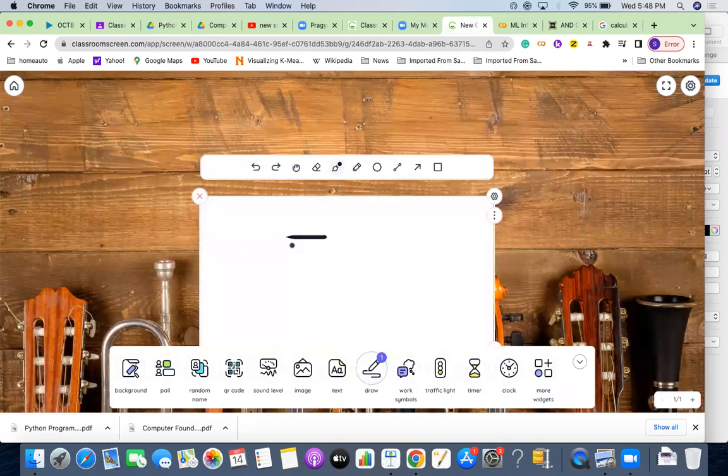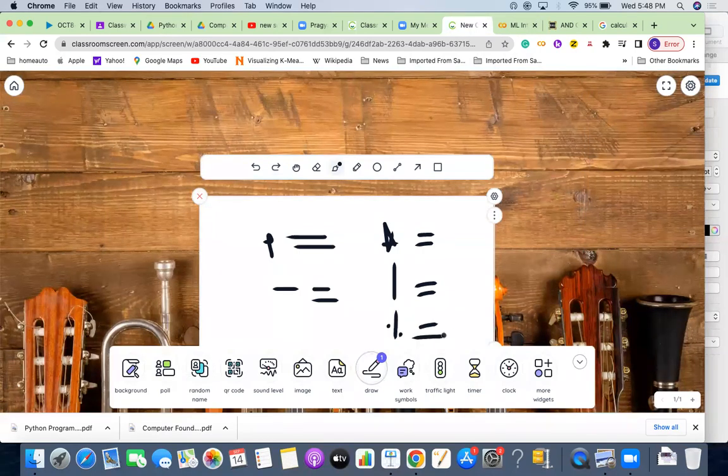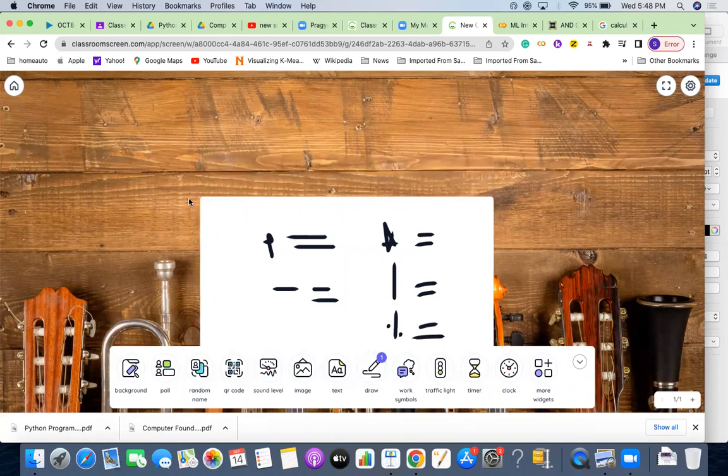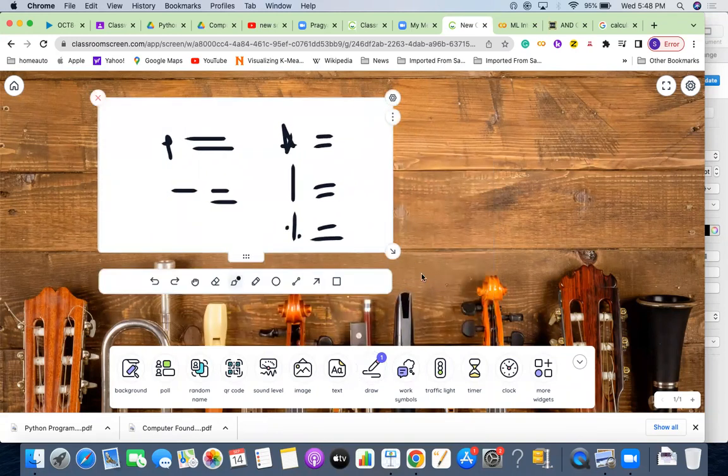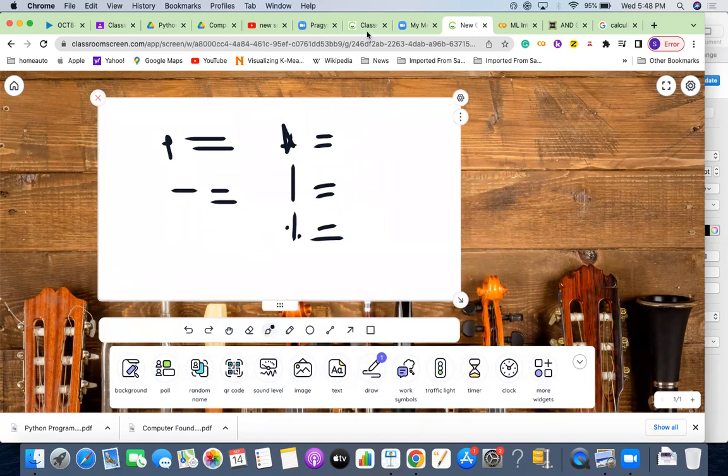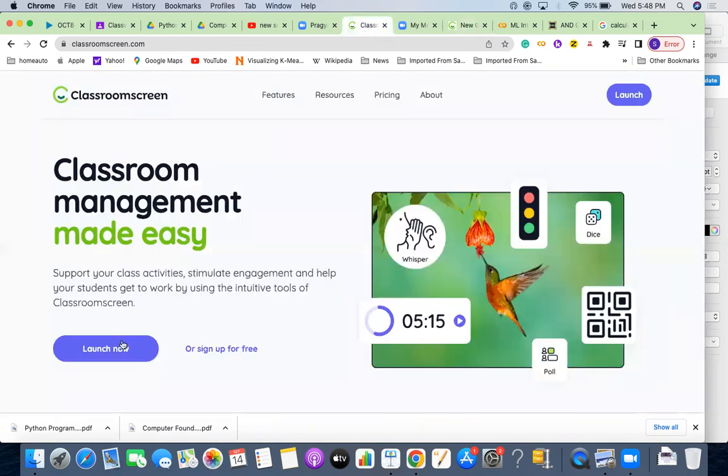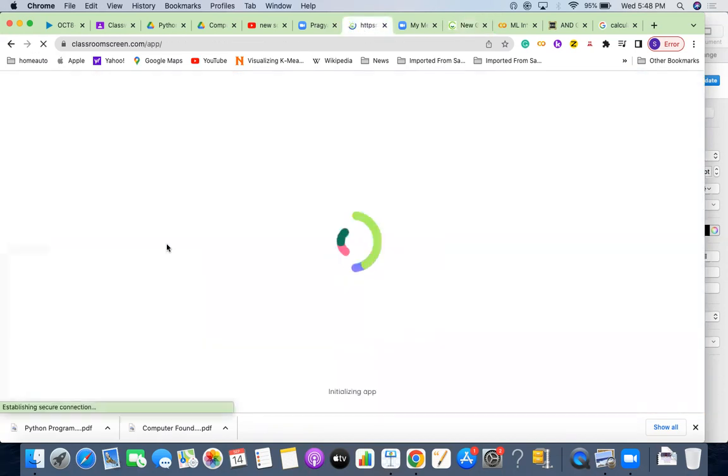Apart from this, the additional ones are plus and equal to, minus and equal to, star and equal to, division and equal to, modulus and equal to, floor division and equal to. Let me explain them one by one. Let us go to plus and equal to.